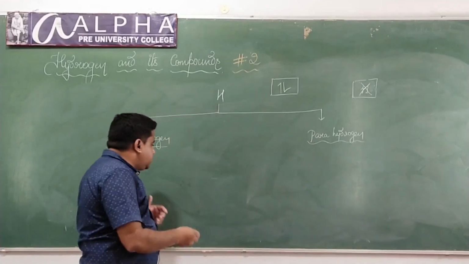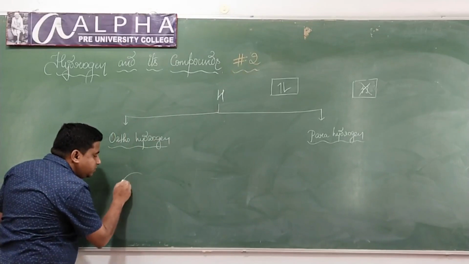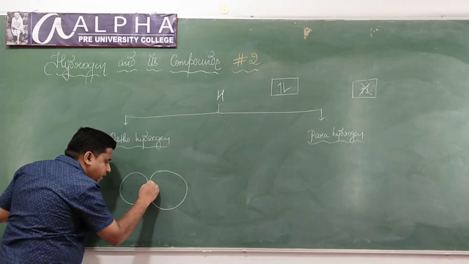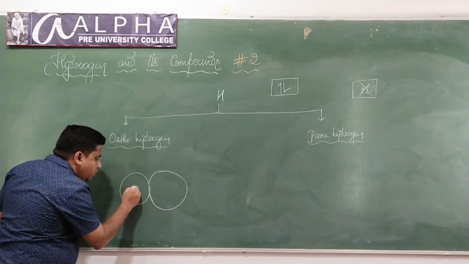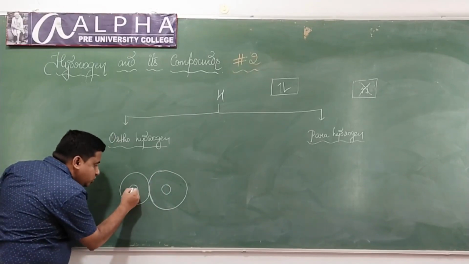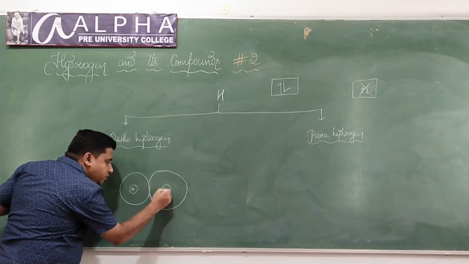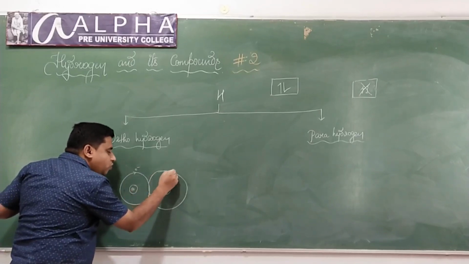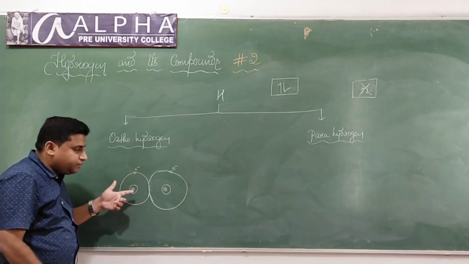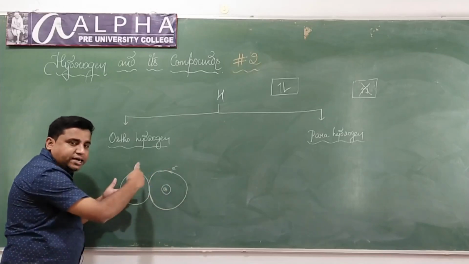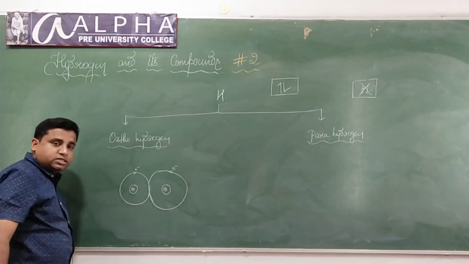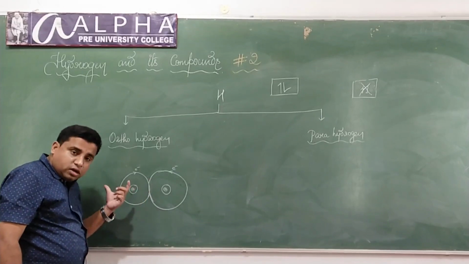Now consider two hydrogen atoms. This is the nucleus of one hydrogen, this is the nucleus of another hydrogen. There is one proton and one electron in each. If one electron is spinning in clockwise direction, the other electron will be spinning in anti-clockwise direction. On the same lines, the protons will also be spinning on their own axis.